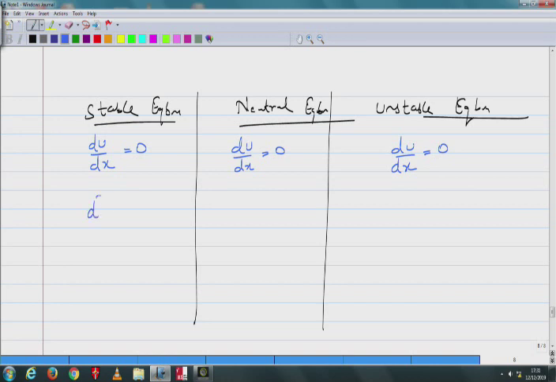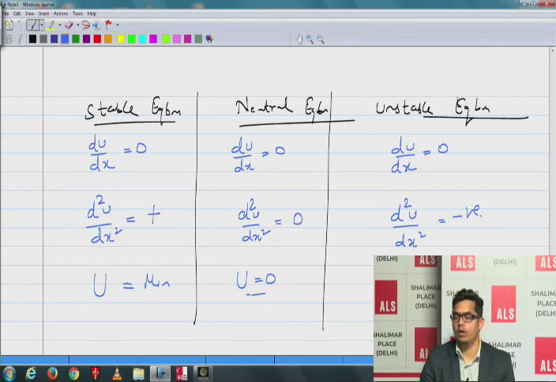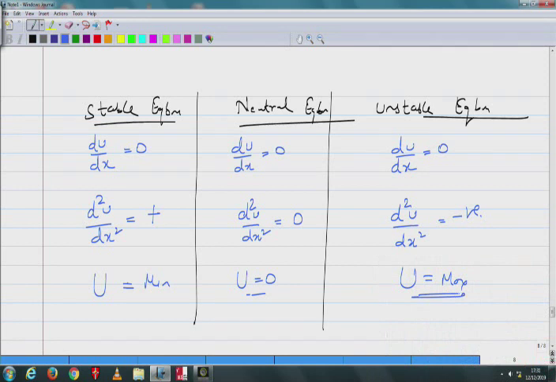But d square U by dx square must be positive for stable, must be 0 for neutral, and must be negative for unstable. Potential energy here is minimum, here we can say 0, and potential energy is maximum at unstable equilibrium.